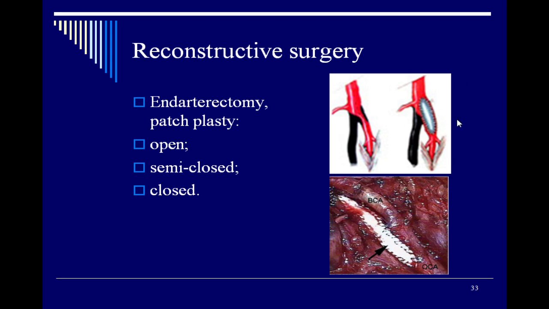We can use artificial materials for the plasty of the arteries and veins. And here you can see intraoperational picture with a vasoplasty with artificial material. Usually what we use during these operations, like artificial material, it's Gore-Tex. This is Gore-Tex.